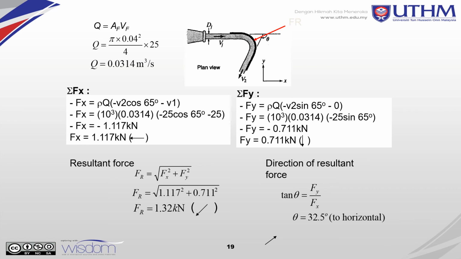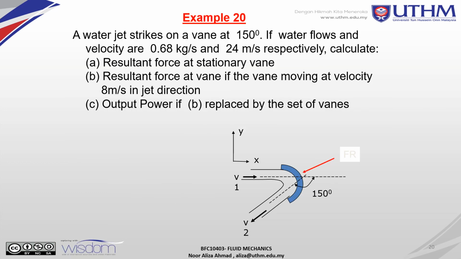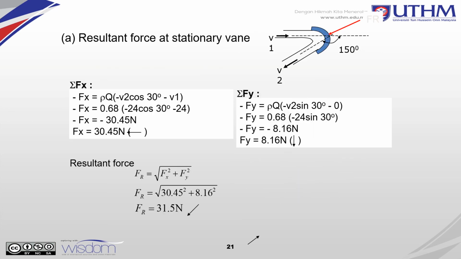You have the Fx direction and Fy direction, so we get the values here, and you must find the resultant force and its direction. This example is also the same: you must find the x direction and y direction and find the resultant force here.